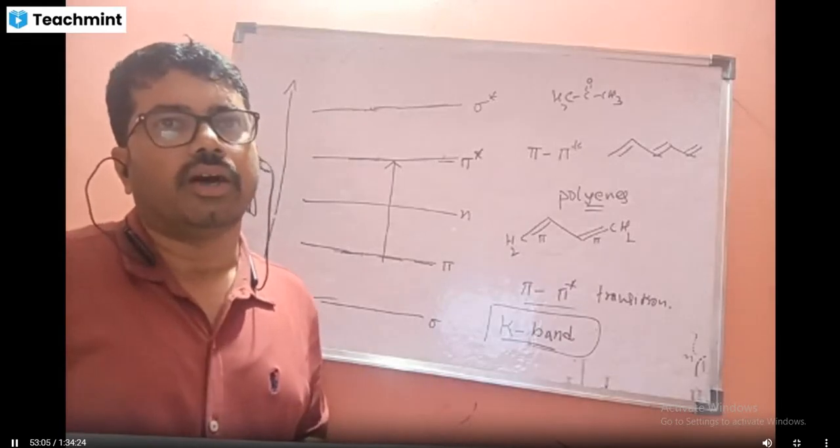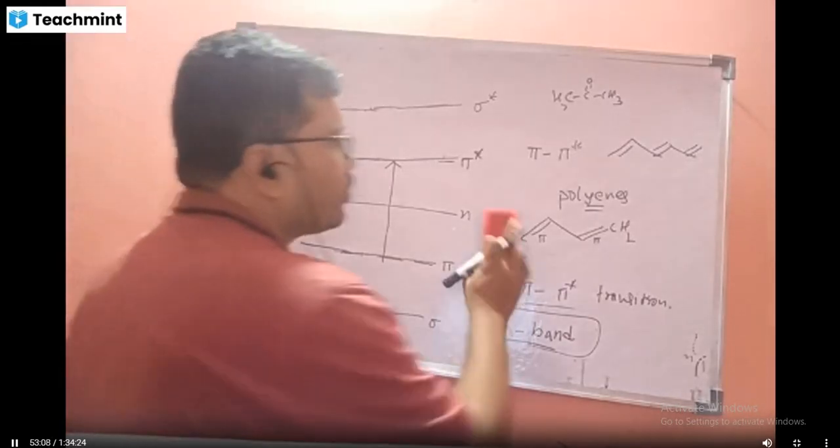K bands also appear in aromatic compounds substituted by a chromophore.